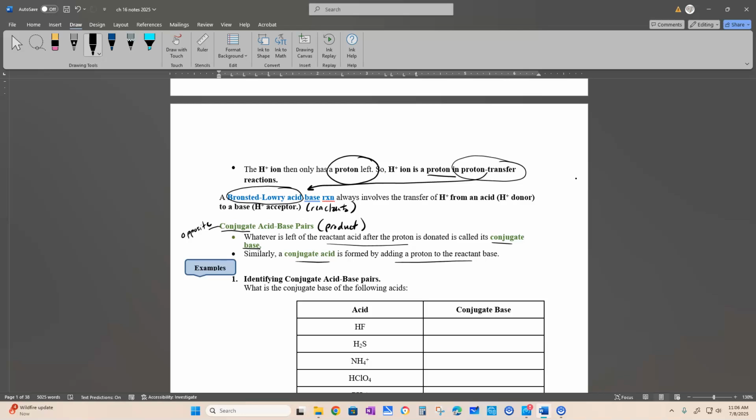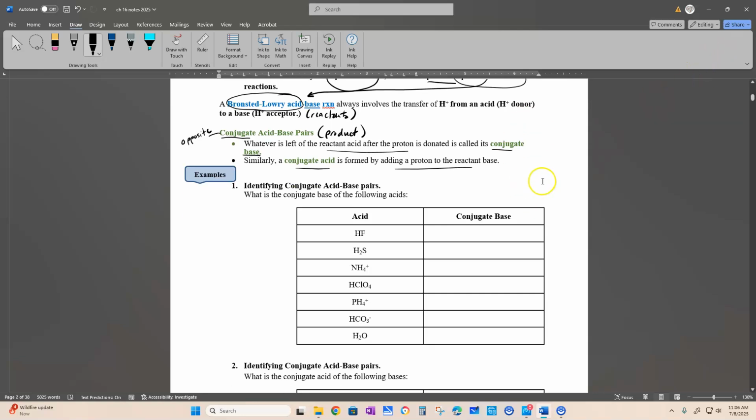Okay? So before we practice an actual reaction, let's make sure we understand this proton donor and acceptor. I'm calling these Bronsted-Lowry acids, and they're going to donate not just an H, but an H+.